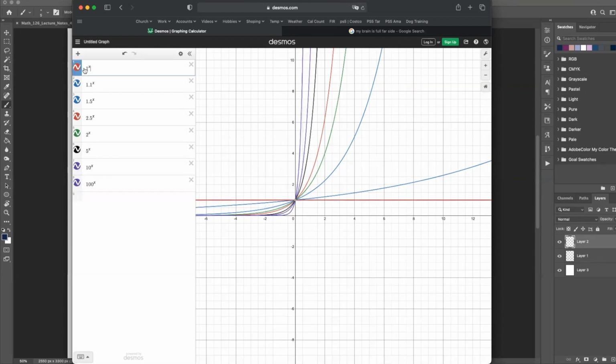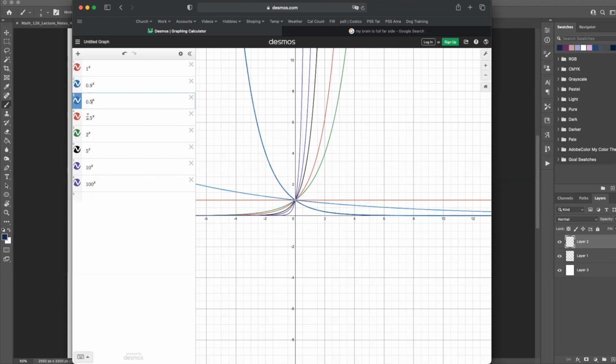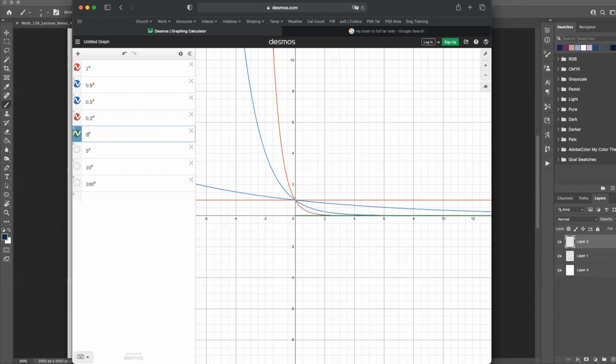And here, if we change these, we'll leave the 1, make this a little bit less, 0.9. We'll make this 0.5. Let's get rid of these. Make this 0.2, and then we'll have 0.001.